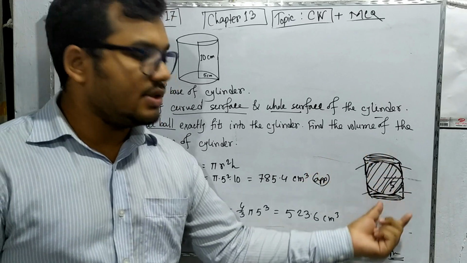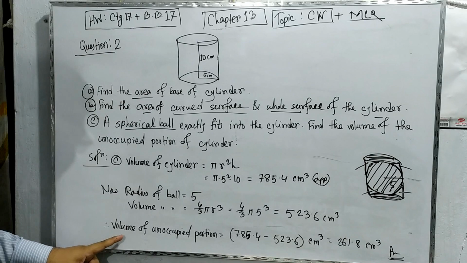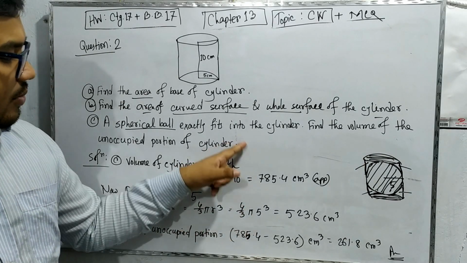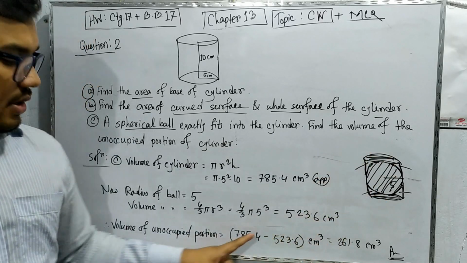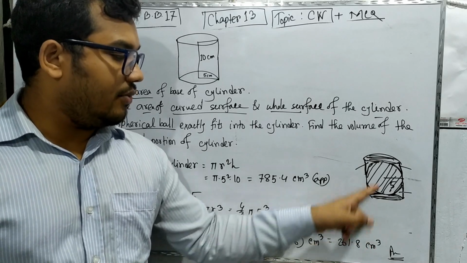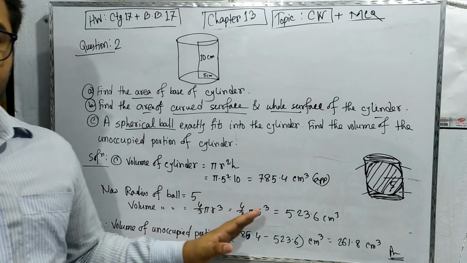If we subtract these two, we finally get the unoccupied portion. So the volume of the unoccupied portion will be the total volume of the cylinder minus the volume of the ball. This is how we can solve this type of math.